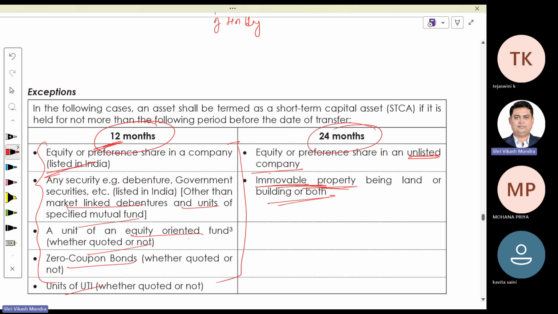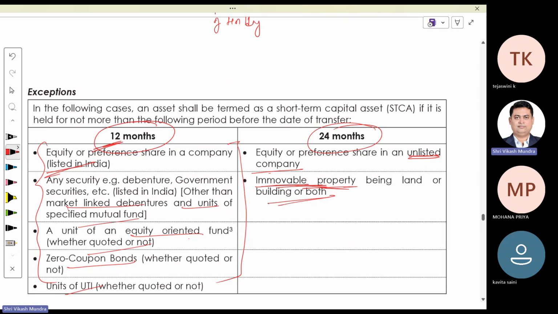That means, to determine the nature of a capital asset, whether it is short-term or long-term, the mechanism is that in all cases we are first supposed to compute the period of holding.